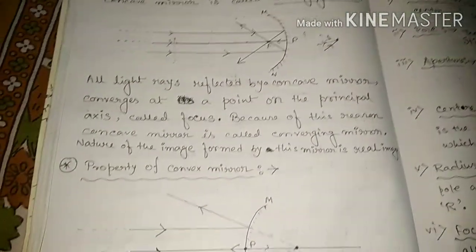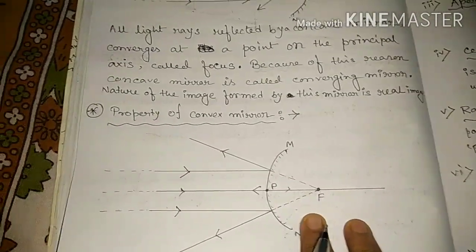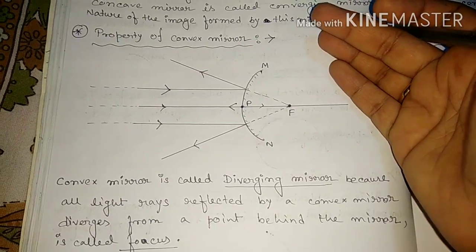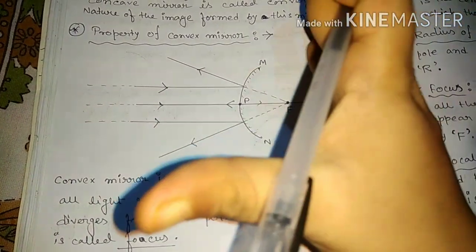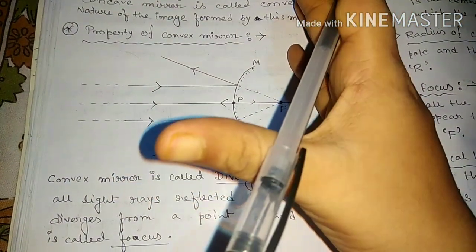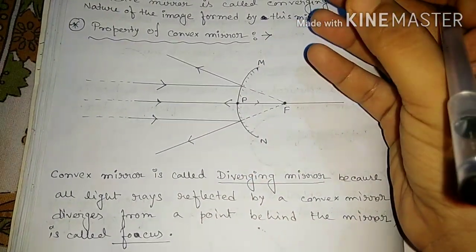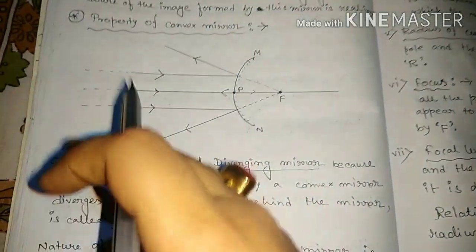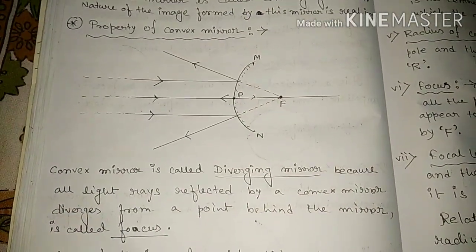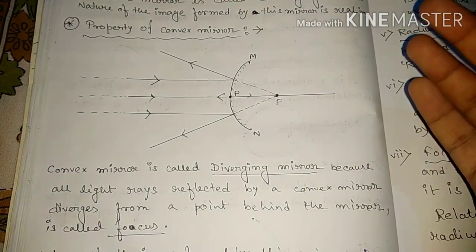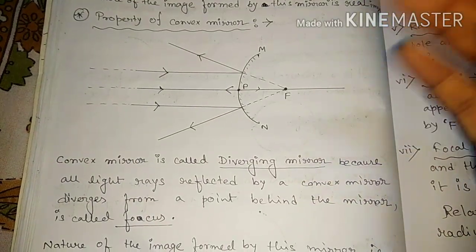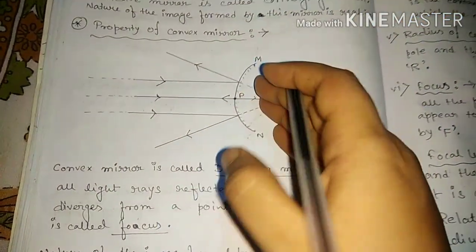in the same way the convex mirror is also called a diverging mirror, because diverging means they diverge the rays of light from a point. A concave mirror converges rays to a point and a convex mirror diverges them from a point. So a convex mirror is called a diverging mirror because all light rays reflected by a convex mirror diverge from a point behind the mirror.